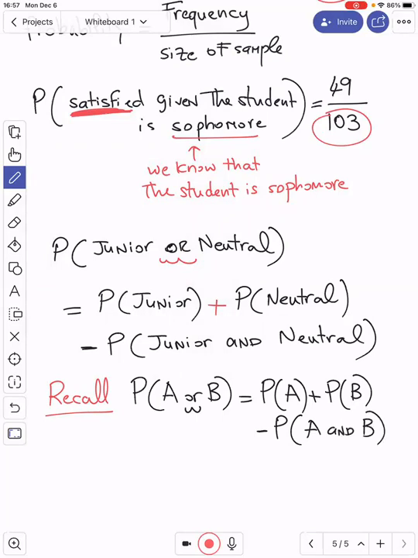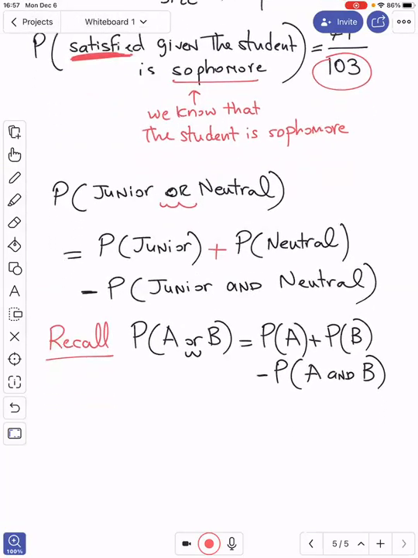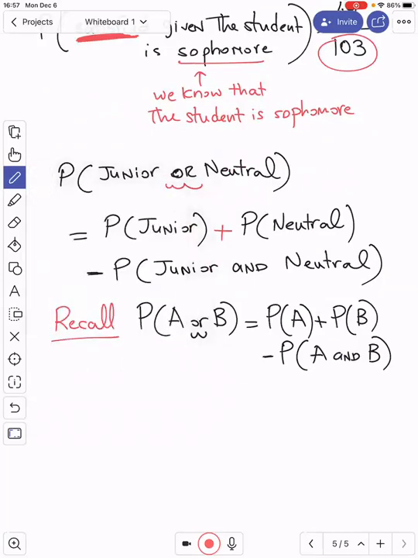All right. So in our case, first the probability that the student is junior, right? So we count how many juniors we have here. In total, we have 98 junior students over the size of the sample. That's 417, plus. So how many neutral students?